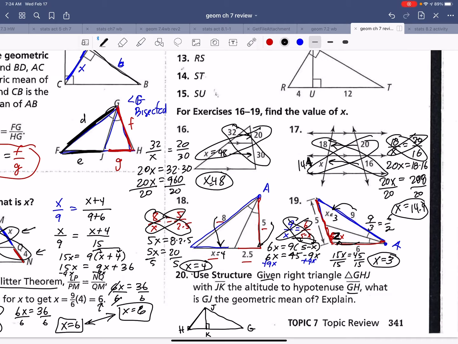So I drew the picture that they're describing here. What is GJ the geometric mean of? Okay, I don't really ask these questions a lot, but we could go like, so what would this one be the geometric mean of? So geometric mean would be, when would GJ end up in both of these locations?